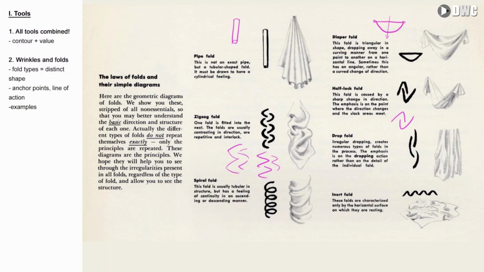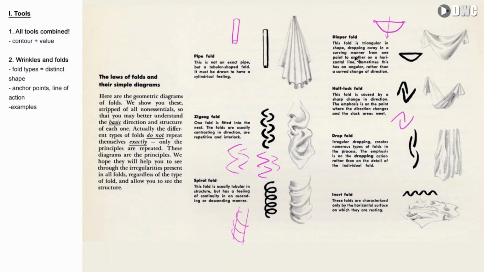And spiral folds are folds that wrap around the cylinder. So when you see things that form the cylinder, for example, the arm sleeve, the jacket sleeve, the pant leg, they'll typically be in the shape of spiral folds and pipe folds to some extent as well. And remember, when you bend your arm, bend your leg, or in the armpit, those are where you'll see the half locks and the zigzags.